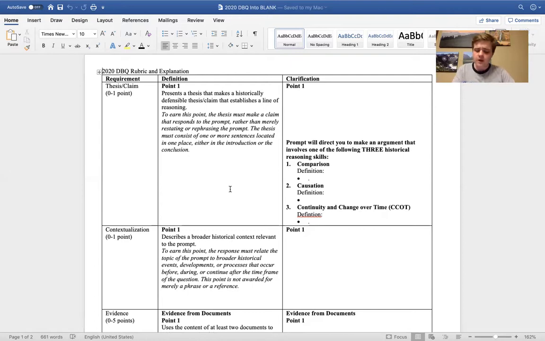That's what that means. Finally, and probably most importantly, you need to rank your categories. If it's a comparison essay, a continuity essay, or a causation essay, no matter the type, you need to make sure you're saying a major cause was this, a minor cause was that.